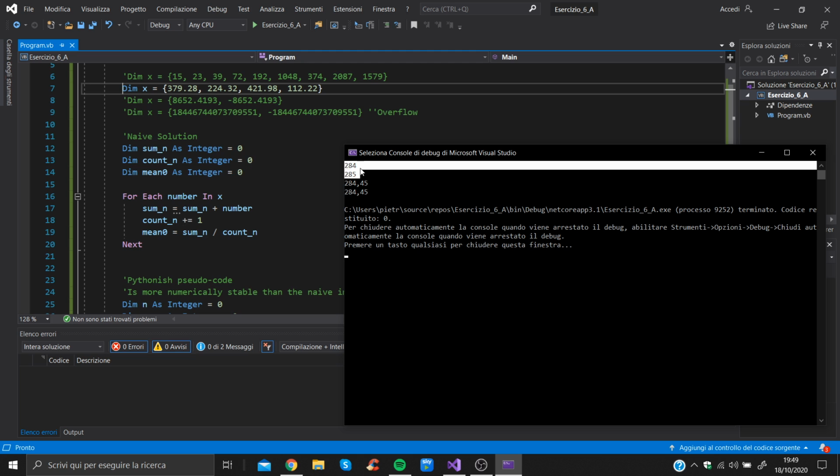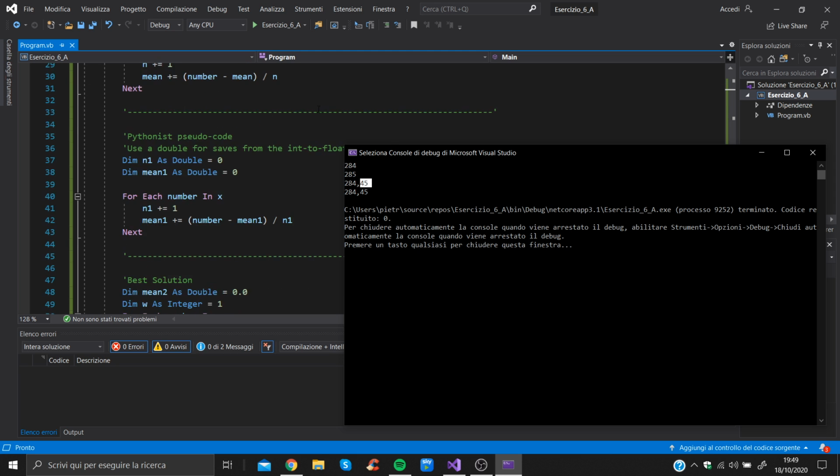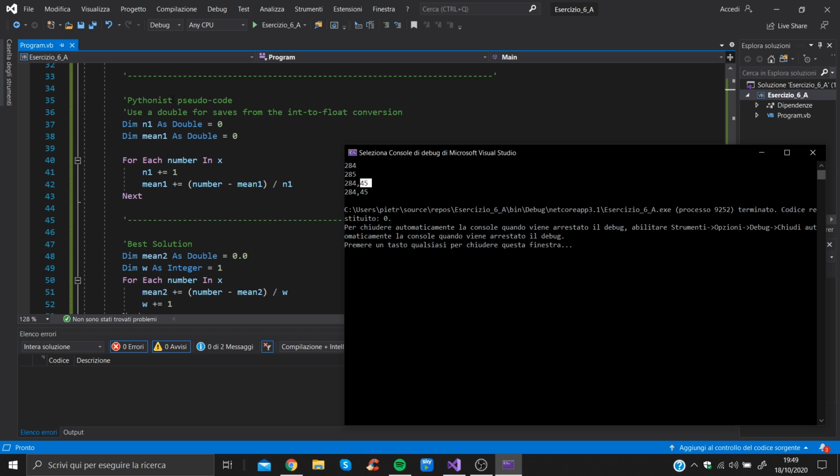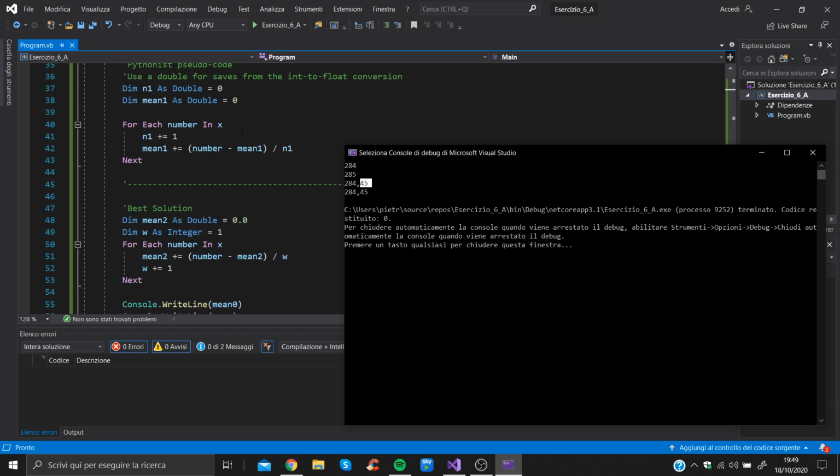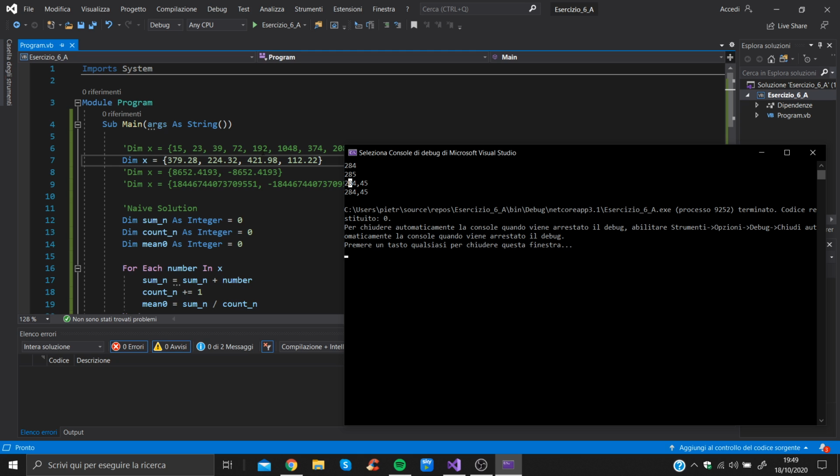The naive solution gives 284, which is not correct, but the first part of the mean is correct. What we are missing is the part after the point, so the 45. In fact, these two solutions are the best ones, and they give the correct mean of the set that we are taking in consideration.